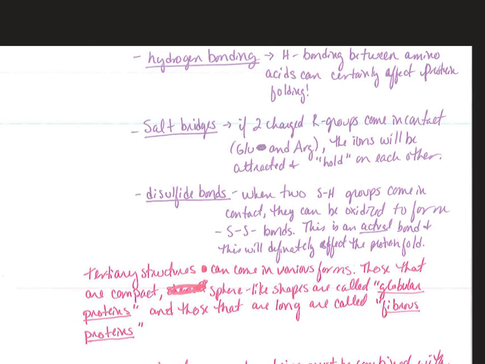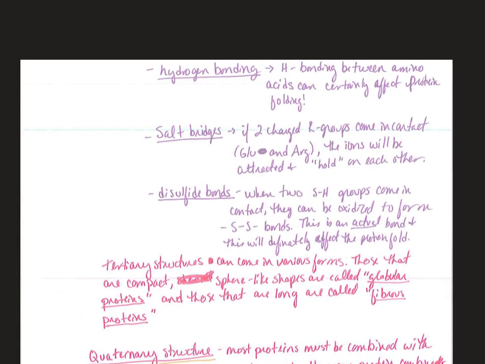Next, as we've already talked about with other stuff, we have hydrogen bonding. So hydrogen bonding can happen between amino acids that's not necessarily an alpha helix or a beta pleat. It just happens. Next, we have what's known as a salt bridge, or salt bridges. Now, this is when two R groups that are ions can come into contact.